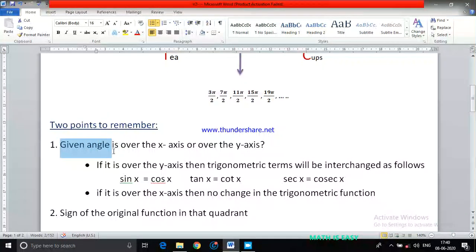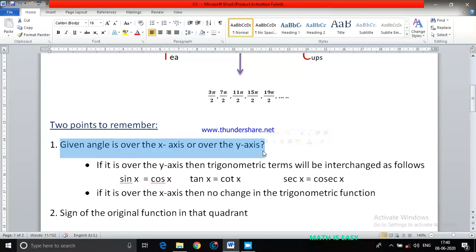Check whether the given angle is over the x-axis or over the y-axis. I hope this meaning is clear, whether it is crossing the y-axis, or whether it is touching the y-axis and coming back, then also the trigonometric function changes.